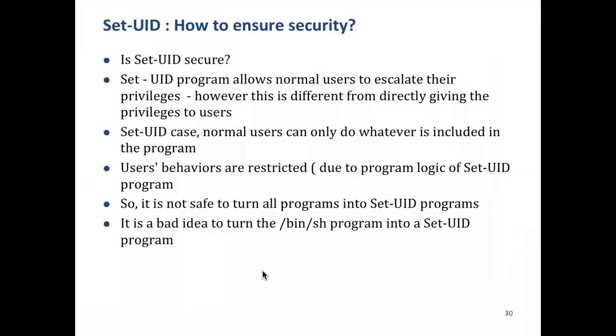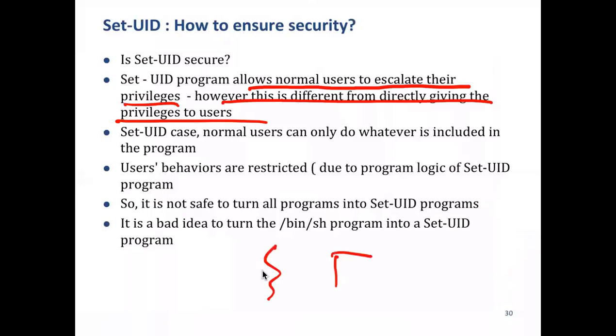So a set UID program allows a normal user to escalate their privileges. However, it is different from directly giving privileges to users, because the user always goes through this program and is only doing some limited task.